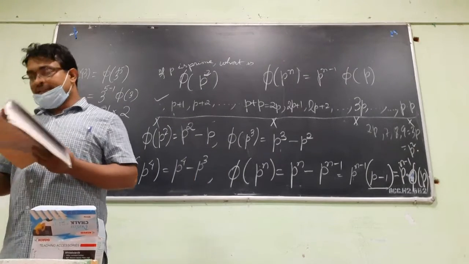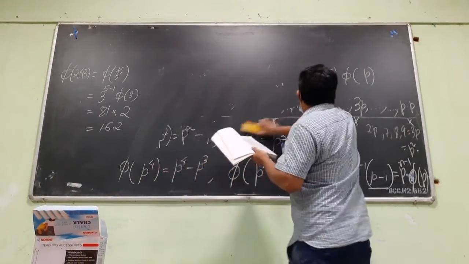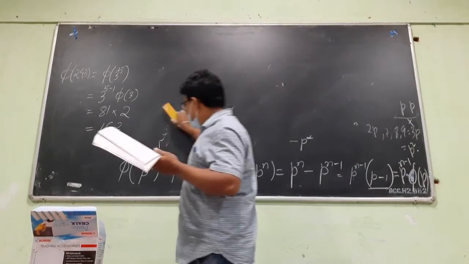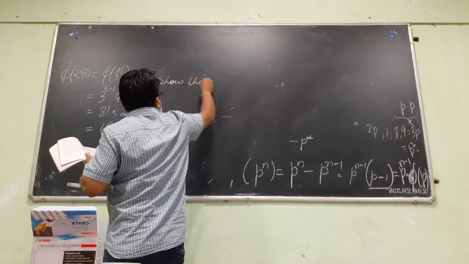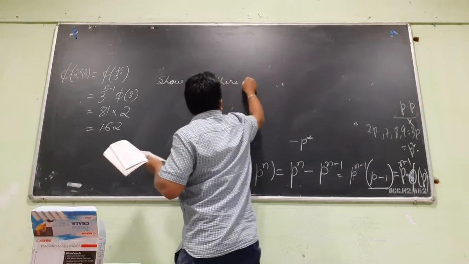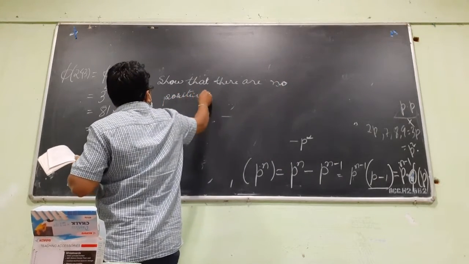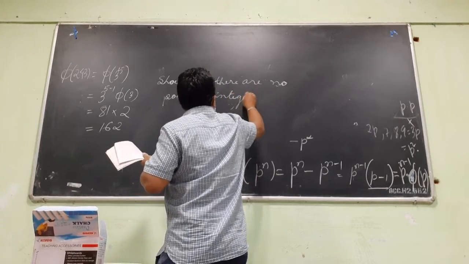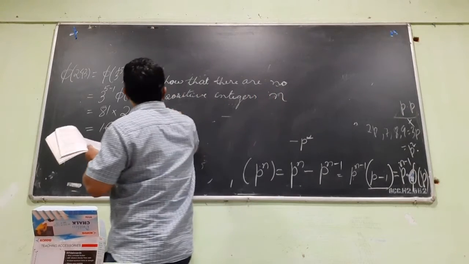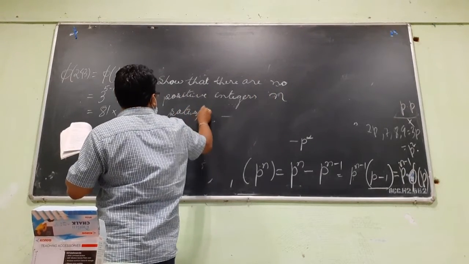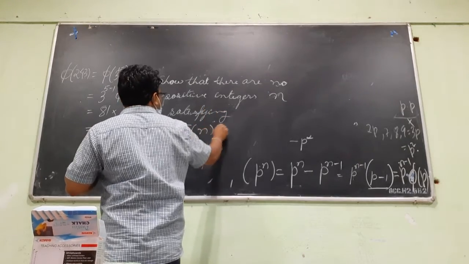Just write that: show that there are no positive integers n satisfying sigma of n equal to 10.